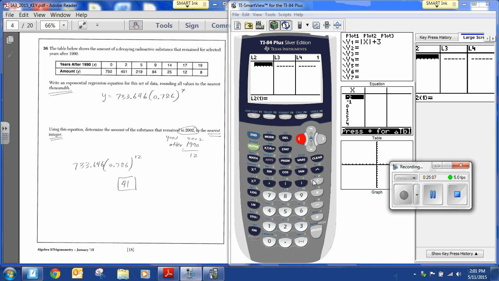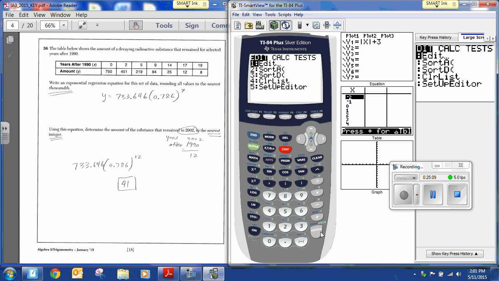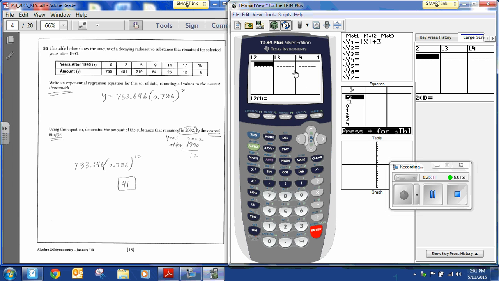So again, we go to Stat, we go to Edit, and now we want to populate our list. So our first list will be 0, 2, 5, 9, 14, 17, 19.